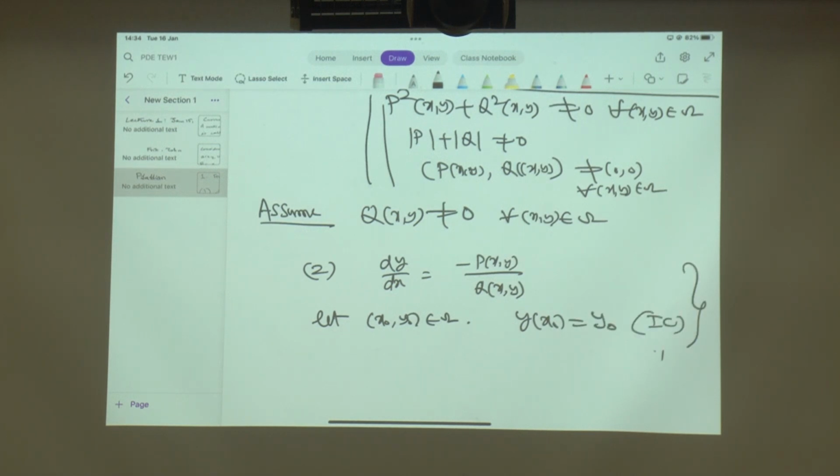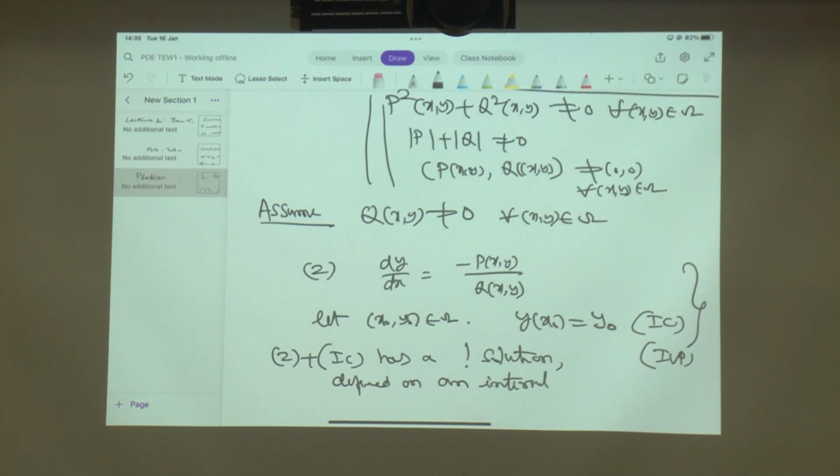So we have an initial value problem. Equation 2 plus this initial condition has a unique solution defined on an interval containing x0.